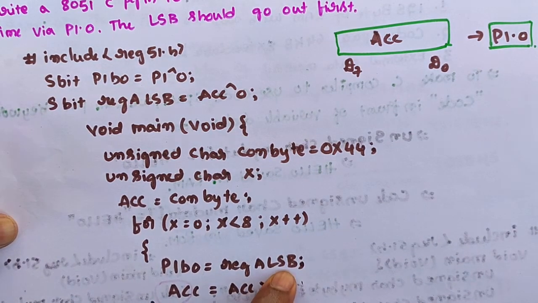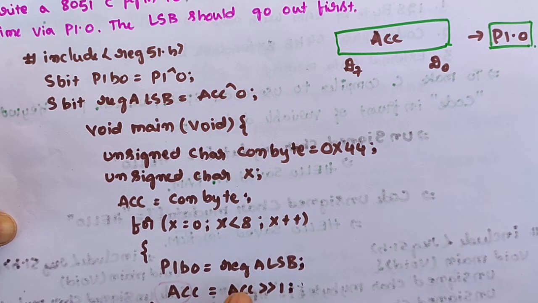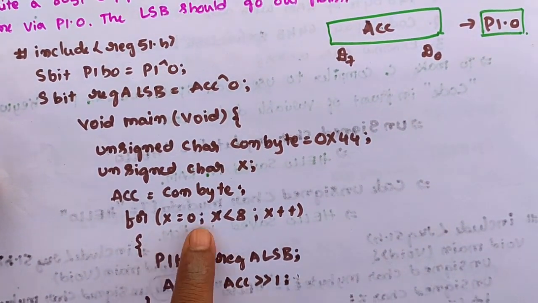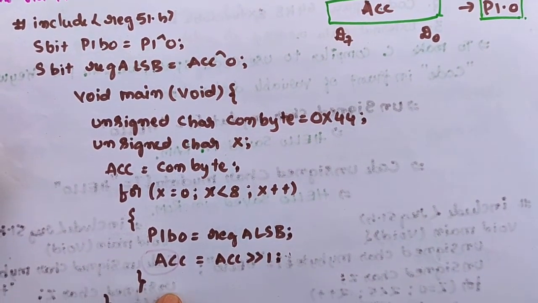The first LSB will be loaded to port 1. After that the accumulator is shifted right by 1 bit, and so on. This for loop will execute up to 8 times, and after finishing the 8th bit the program terminates automatically.